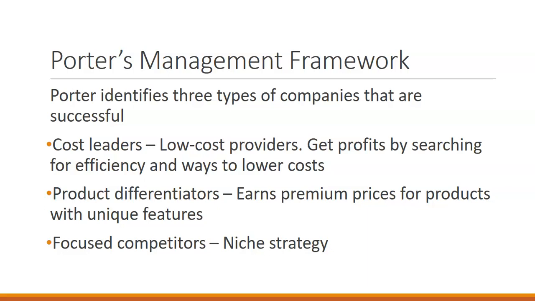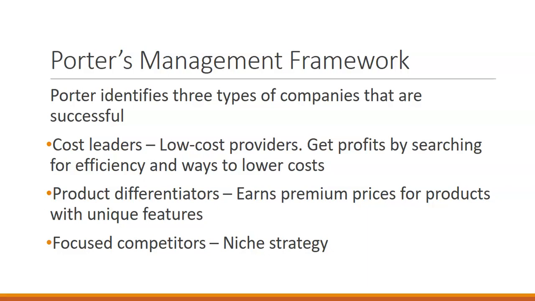costs. Product differentiators have unique products or products with unique features that people can't get anywhere else or that people are willing to pay a premium for. For example, like Apple is a product differentiator. So people are willing to pay a premium to have Apple products versus PC products or Samsung phones or other kinds of competitor products to Apple.